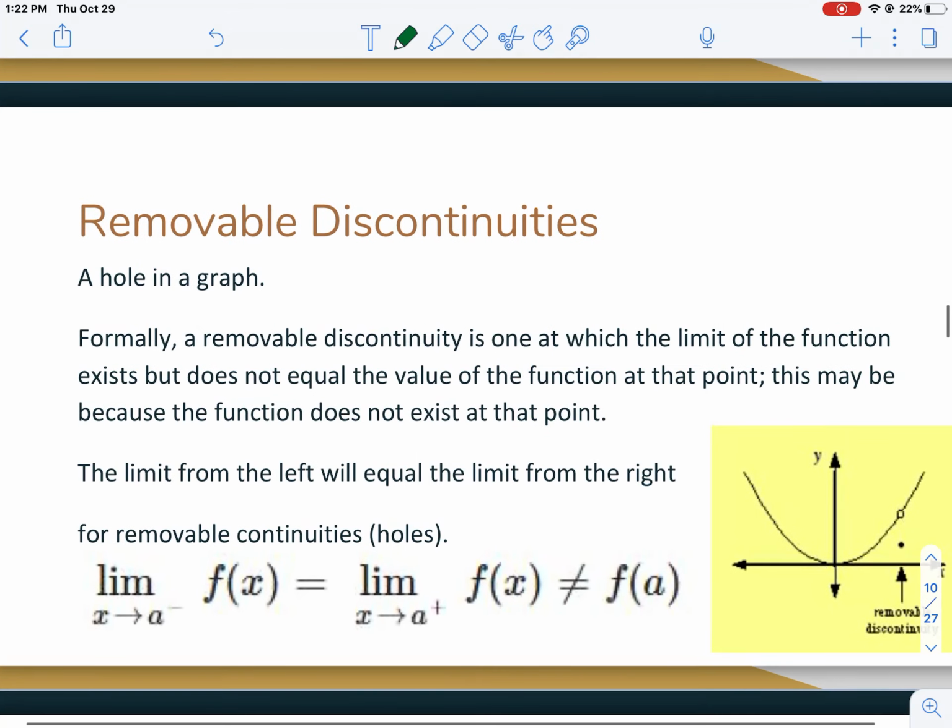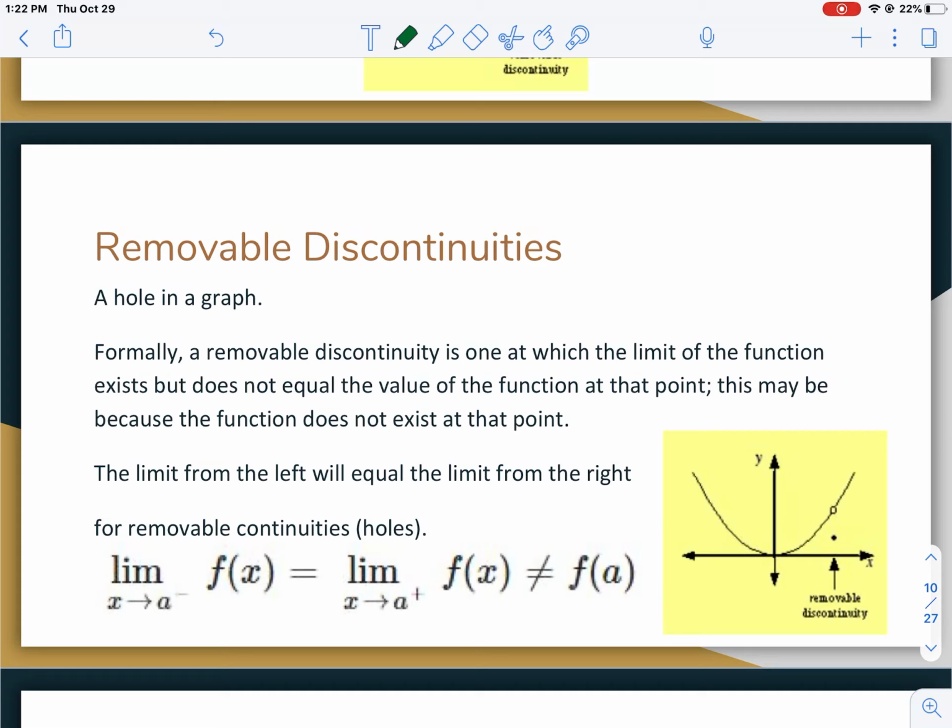But one thing we do want to distinguish is that at a hole, the limit from the left and the right are the same, but the function value is not the same, okay? So that's, if you saw in the test, that's sort of a distinguishing factor. You can have the limit from the left and the limit from the right at a hole, but the function's not colored in, if you will.